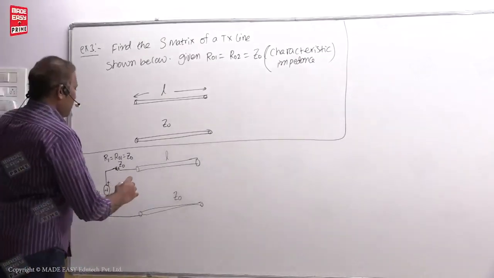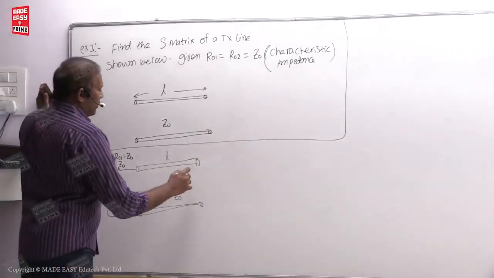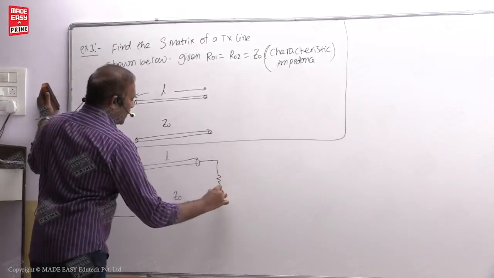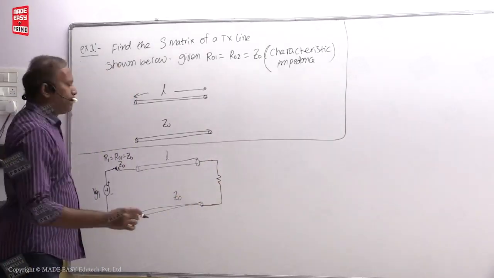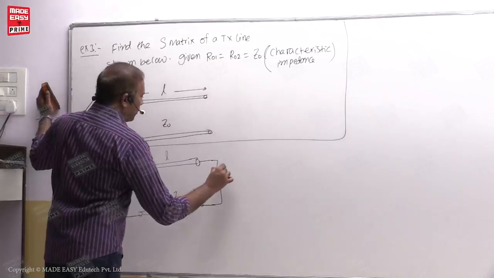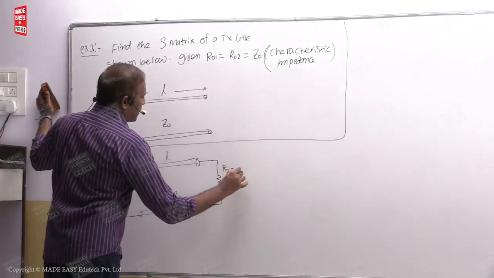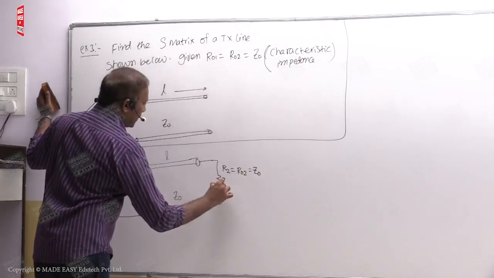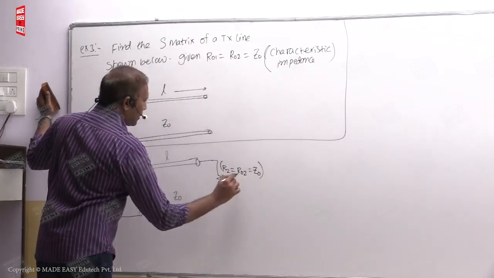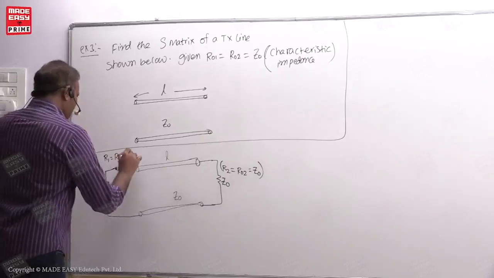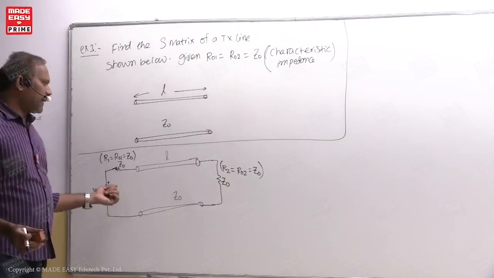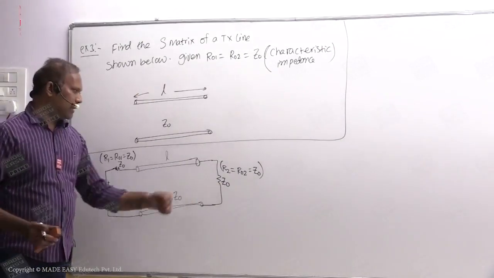Now let us finish this also. Here at port 2, some load impedance is connected. That is nothing but R2. So that R2 is equal to R02. That is given as Z0 here, characteristic impedance. That means load impedance to this one. I am putting this in a box because that is the explanation of why we are connecting Z0 here. It is given Z0. Here it is given Z0.